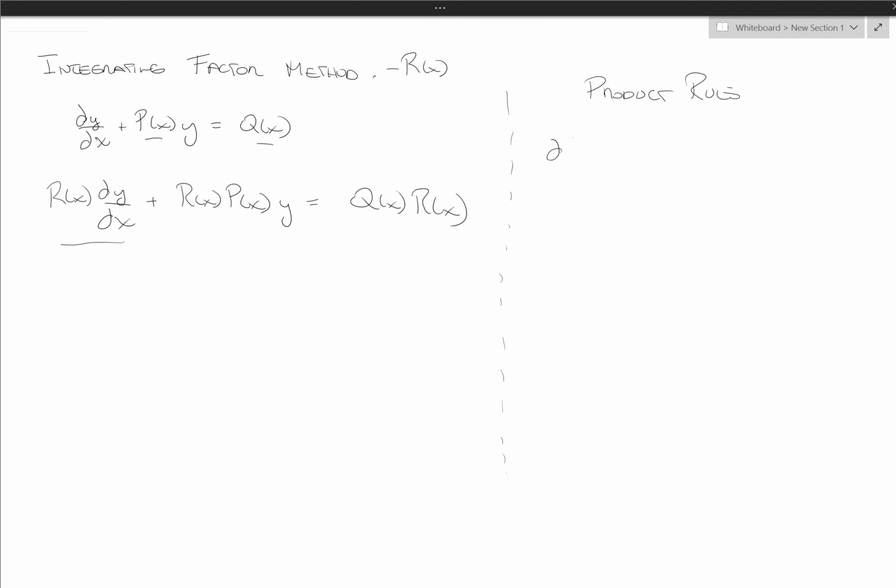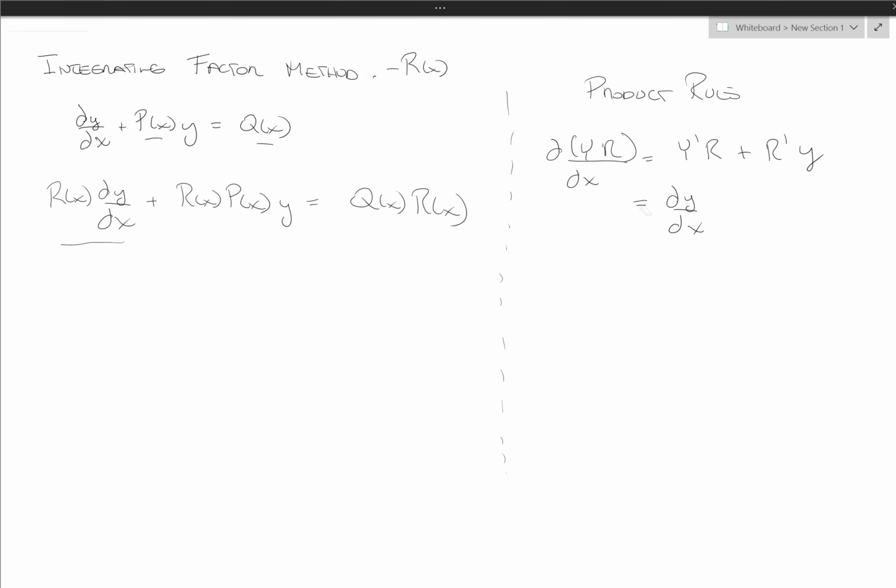So d(y times r)/dx is equal to, and here we'll say, y prime r plus r prime y. What is that? Well, that's dy/dx, or I could say r y prime. Let's make it look the same as that.